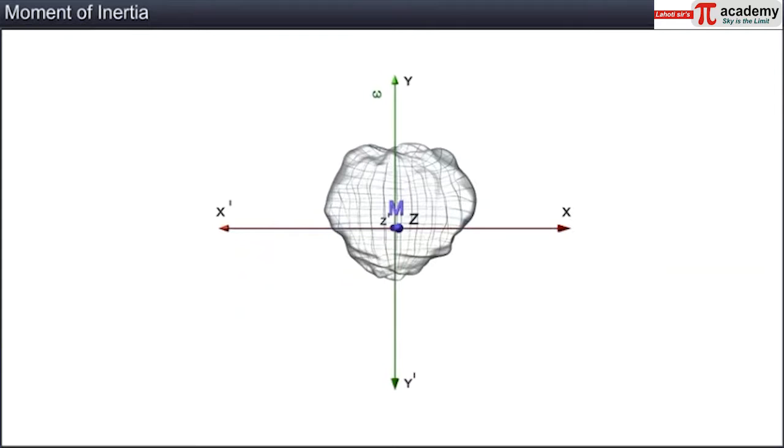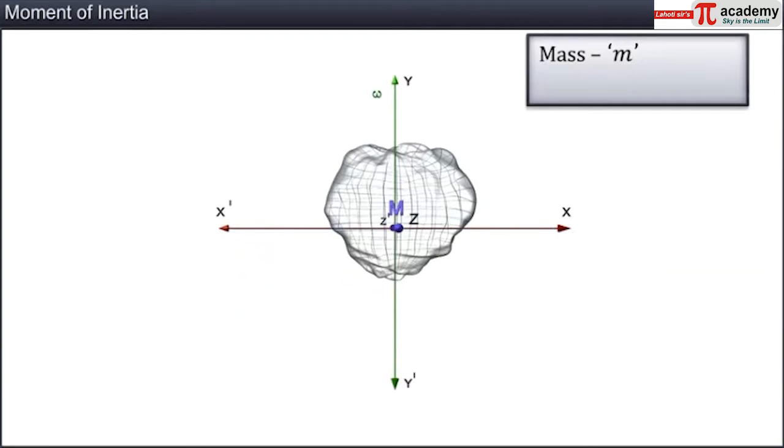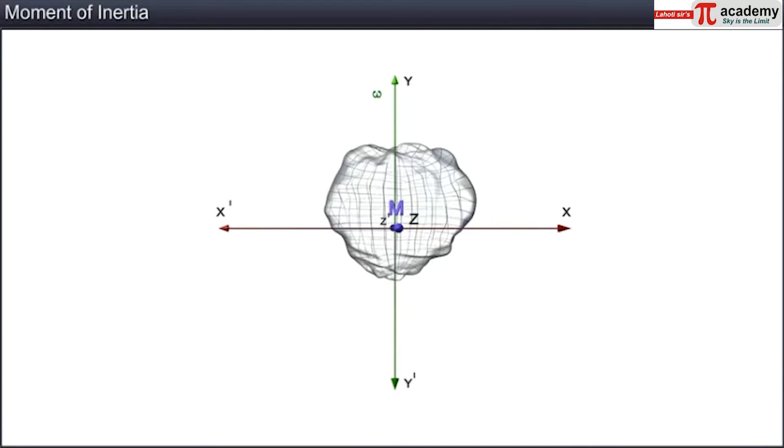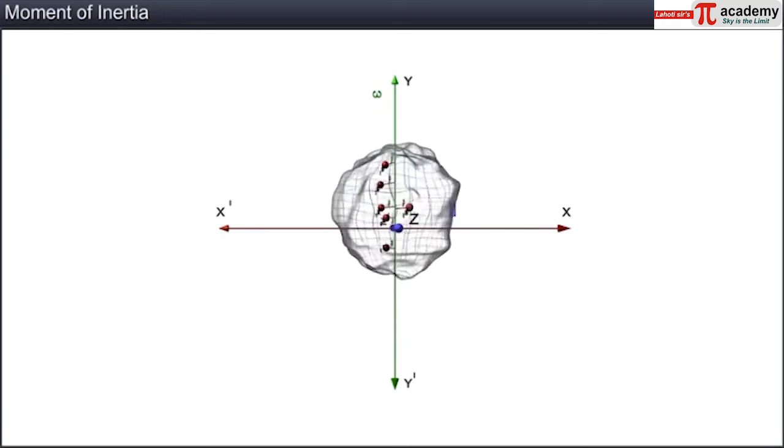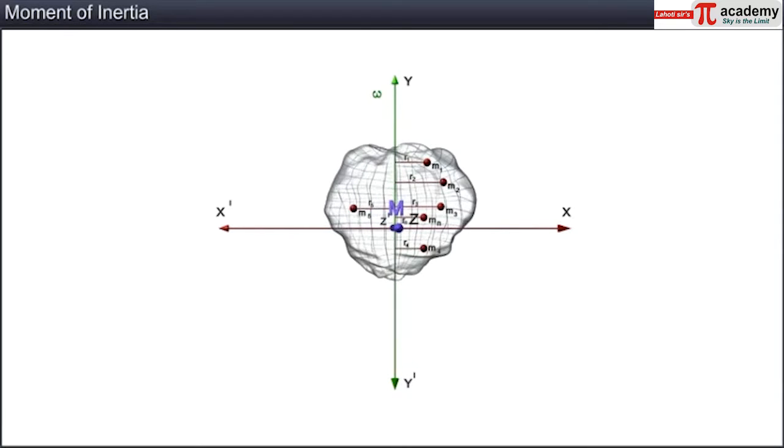Now, consider a rigid body of mass m rotating about an axis with a constant angular speed omega. We can treat the rigid body as a system of n particles of masses m1, m2 and so on up to mn, which are located at perpendicular distances r1, r2 and so on up to rn from the axis of rotation respectively.